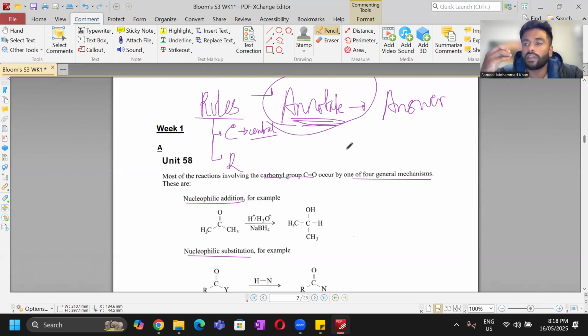Your central carbon is whichever carbon has your functional group, and you know this because it will always tell you in the first line. Most reactions involve the carbonyl group, C double bonded to oxygen.